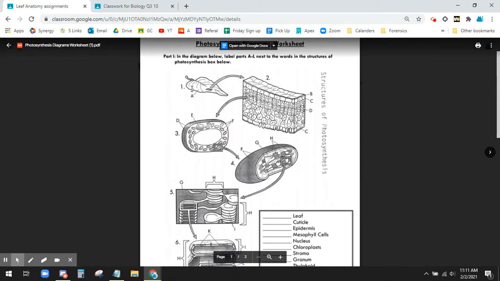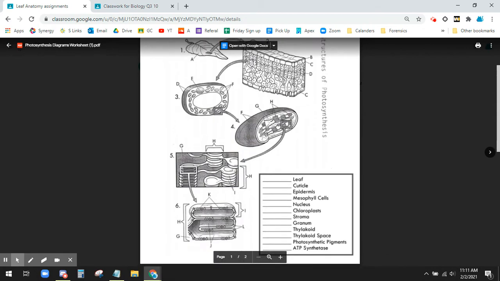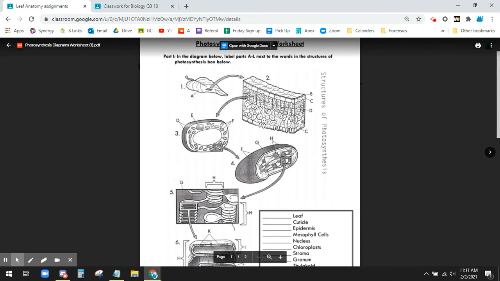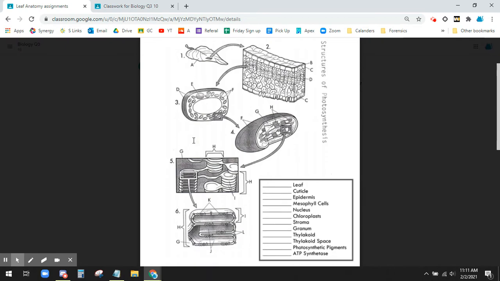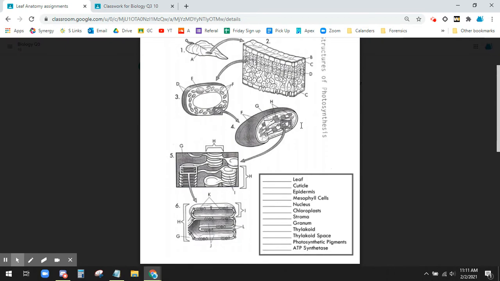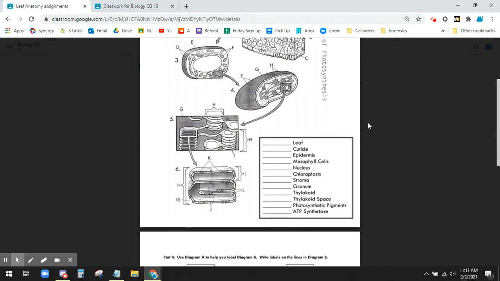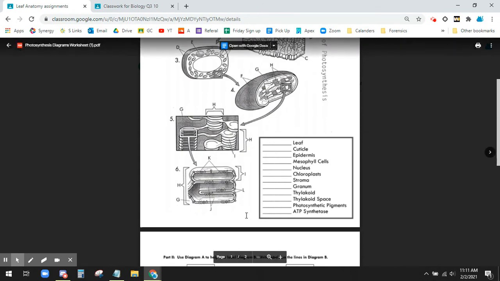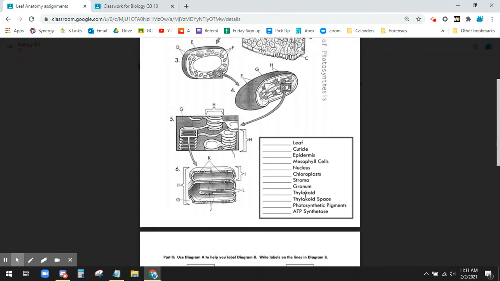It talks about how you go down in levels from the leaves, to the layers of the leaves, to the cells of the leaves, to the chloroplasts, all the way down into the smallest parts. And it just wants you to identify each of those parts.